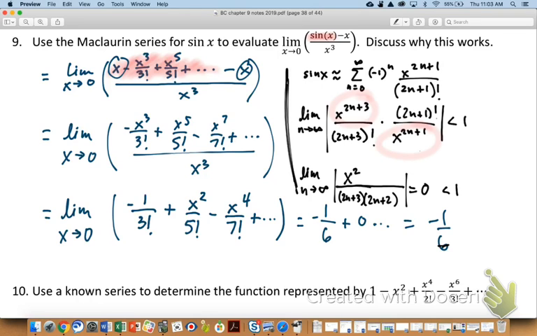So what this is telling me is, when I do the ratio test, the limit of my ratio is always 0 with no variable, like it's just 0, and 0 is always less than 1. Here's what that means. It doesn't matter what I plug in for x. I'll always get 0 is less than 1.